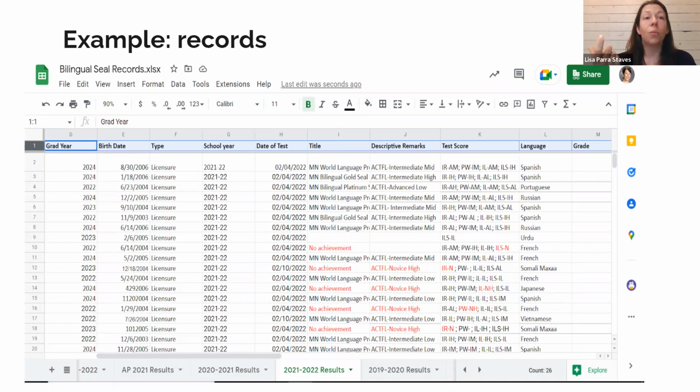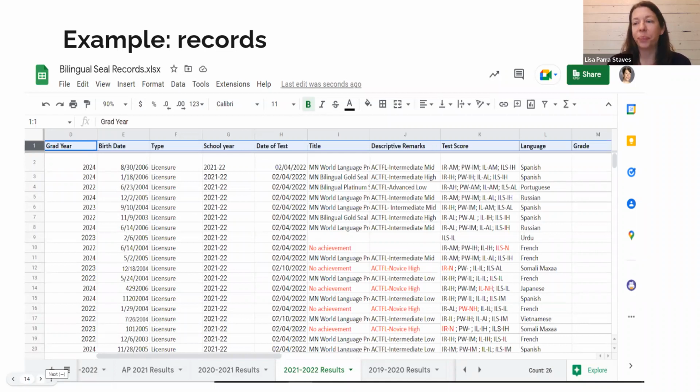Obviously, what award the student earned, if any, and their proficiency level in actual terms, whether that's intermediate low, intermediate mid, intermediate high, advanced low. And what language they tested in, obviously.